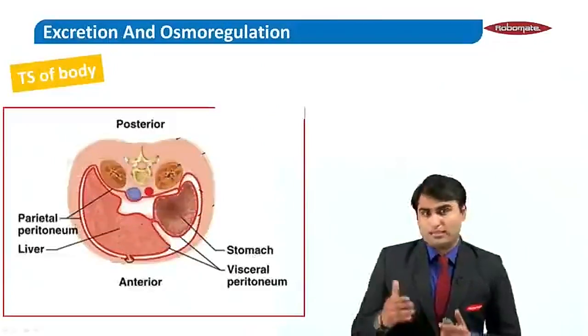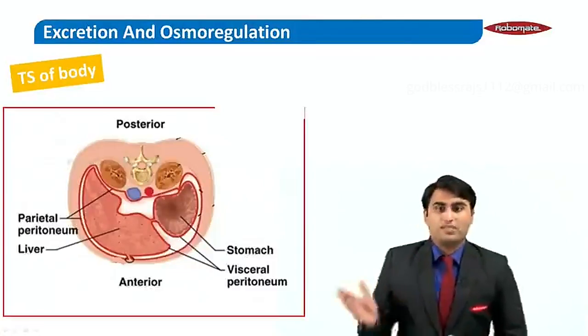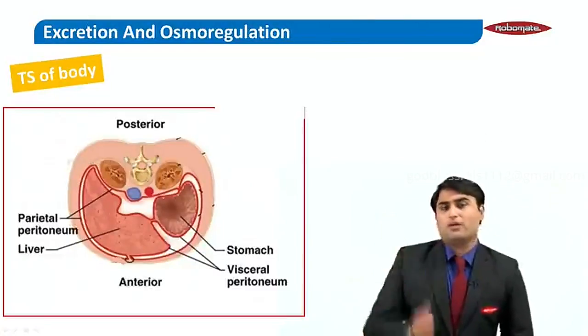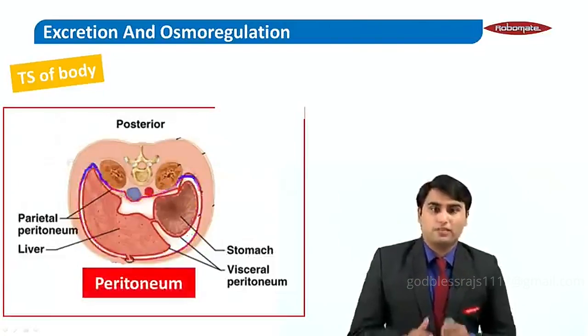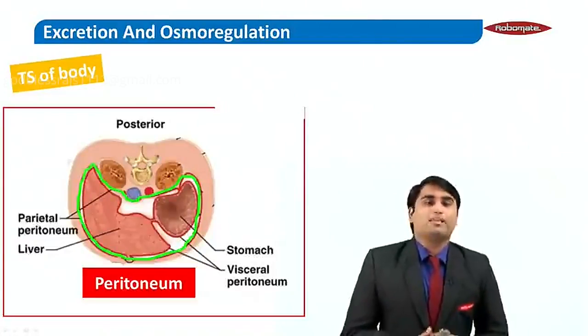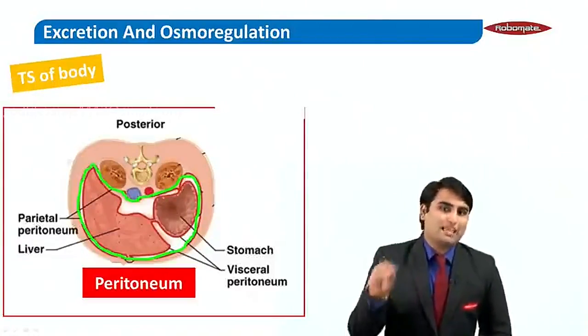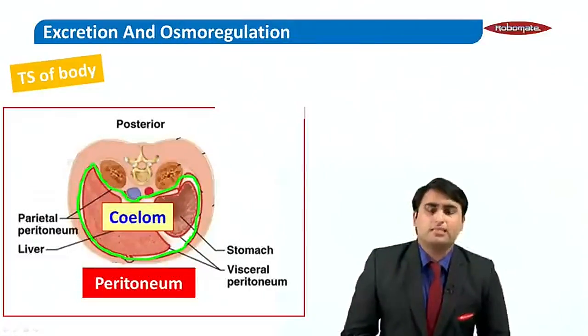Now in this diagram, we are seeing the transverse section of the body. The lower side is the anterior part and the above is the posterior side. In the anterior side, there is a huge sac-like cavity called the peritoneum. The space inside the peritoneum is termed the coelom.